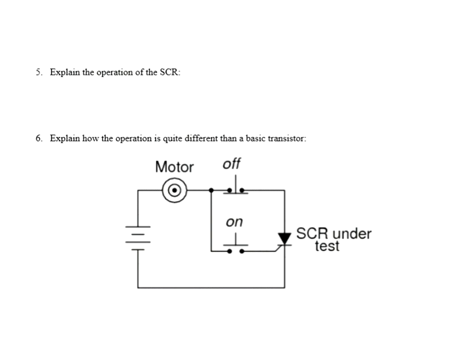All right, explain the operation of an SCR. It's a little bit different than a basic transistor. Let's talk about a transistor or an FET first. Let me draw a diagram here of one. Okay, what is this thing? Yeah, it's a transistor. Where's the major current flowing? Collector and emitter.